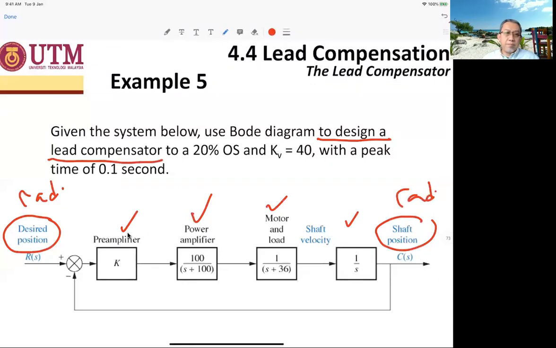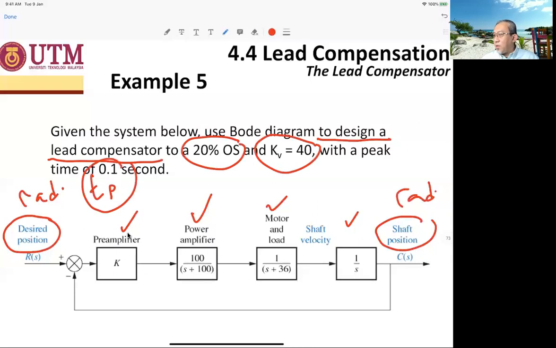So you are required to design a lead compensator, okay, to achieve 20% overshoot, and to achieve Kv of 40. Kv is the velocity error constant, okay, with a peak time Tp of 0.1 second, okay.